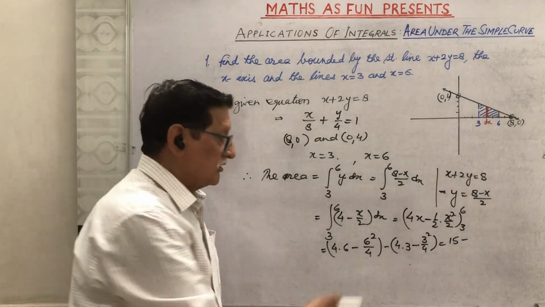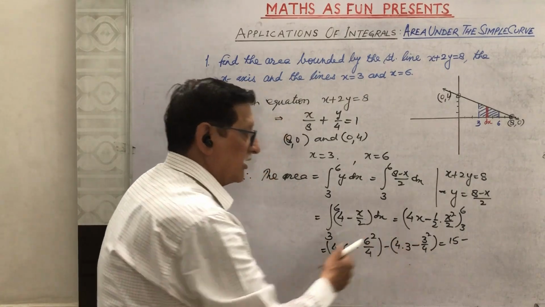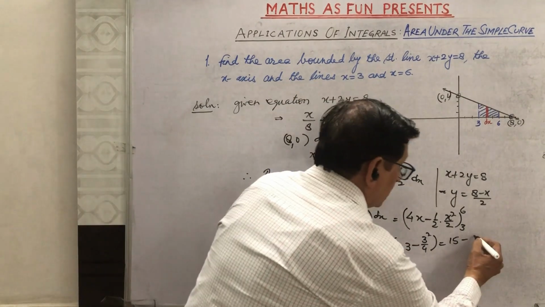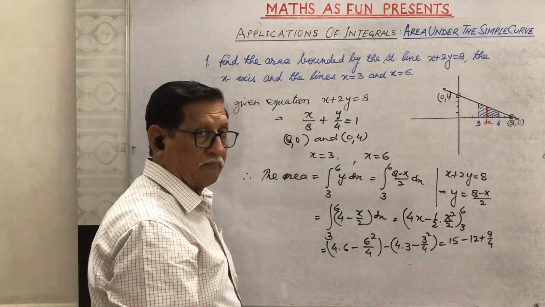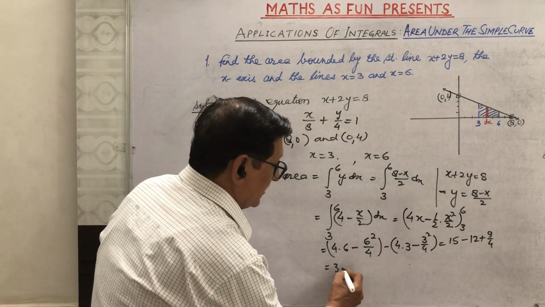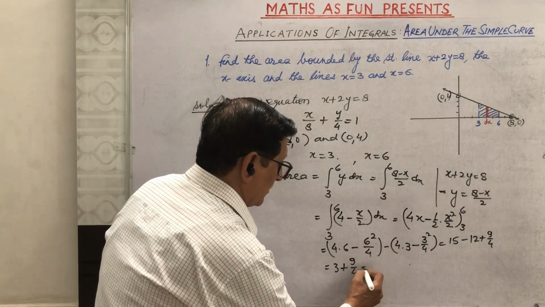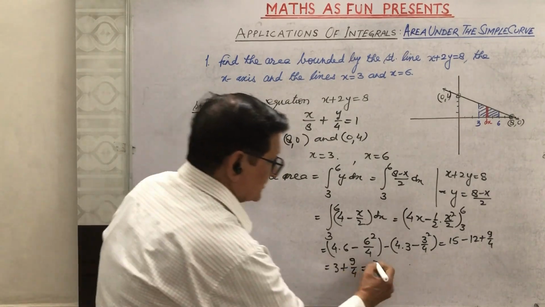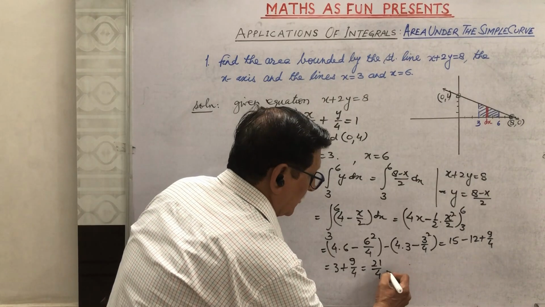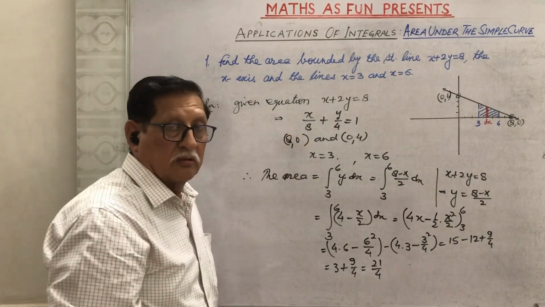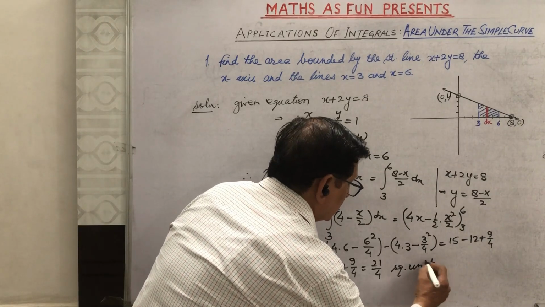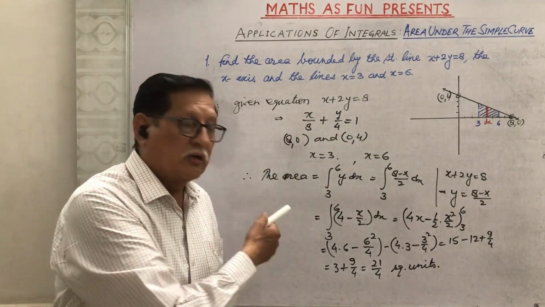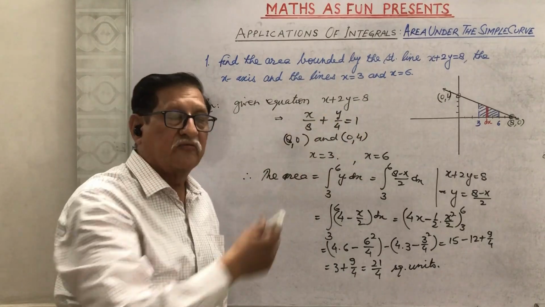Minus, this is 12 minus 9 by 4. 12, we can write, plus 9 by 4 here. It comes as 3 plus 9 by 4, or it is 12 plus 9, 21 by 4 square units, because we know area is always in the square units. This is the area of the region which we require.